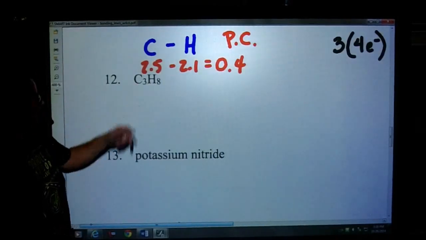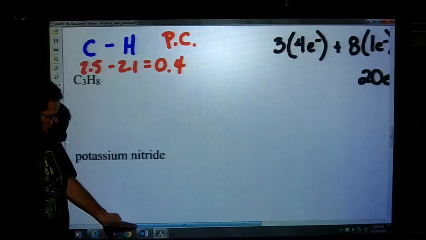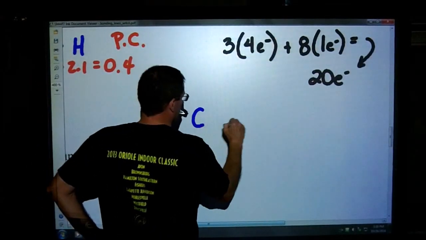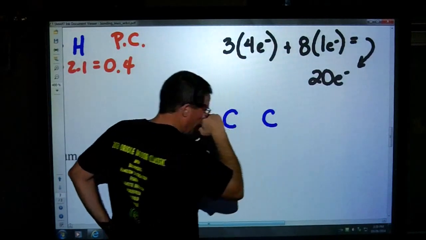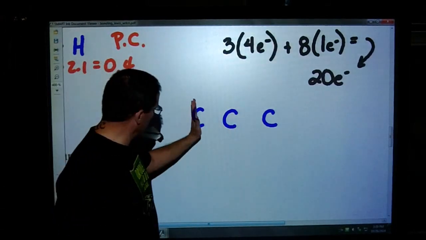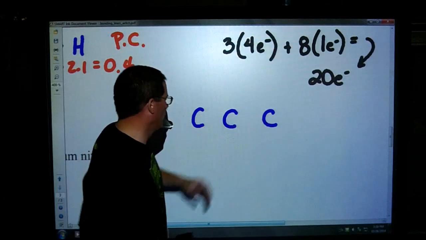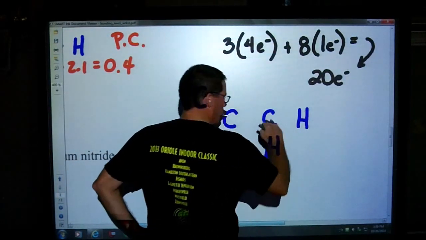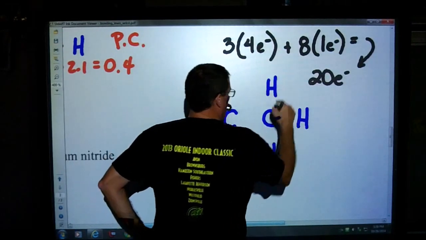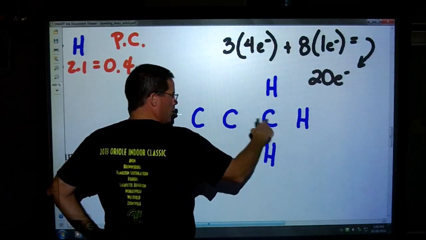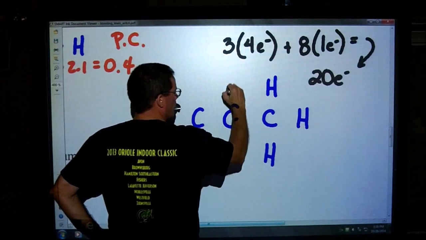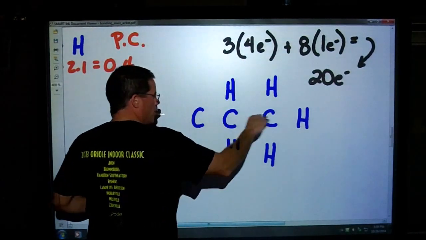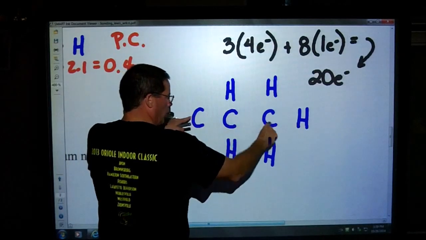All right, so since we have C3H8, let's go ahead and put the carbons in the middle like they belong. And then put the hydrogens around. But again, keep in mind about the quadrants. So we'll put hydrogen there, so there's 2 quadrants. And there's a quadrant with the carbon already in that quadrant. And we got to go below there. Okay, so now we have carbon in those 2 quadrants.